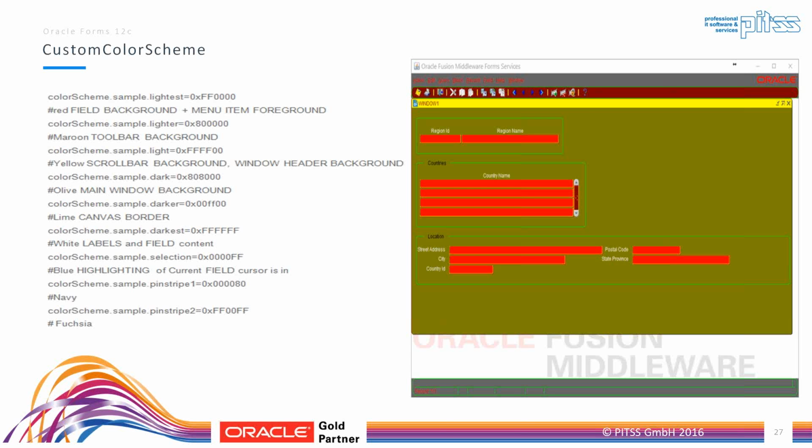As you can see, you can define different colors for the window header, for example. The toolbar has a different color, scroll bar, the current records, the frames, and so on. So you're pretty free in the color and can play around and define your own color scheme for what everybody likes, perhaps, or everybody sees at first sight.